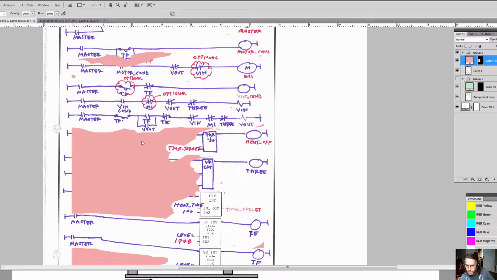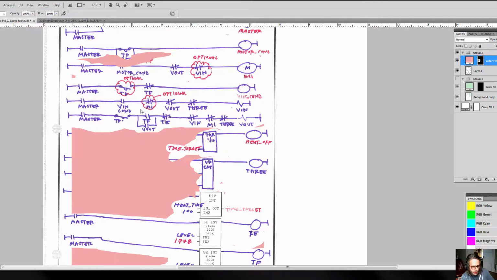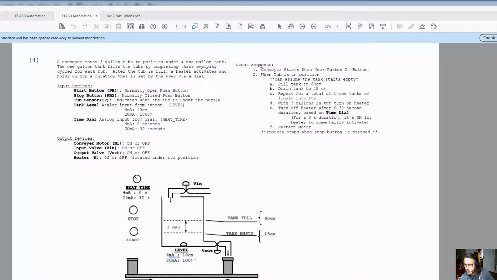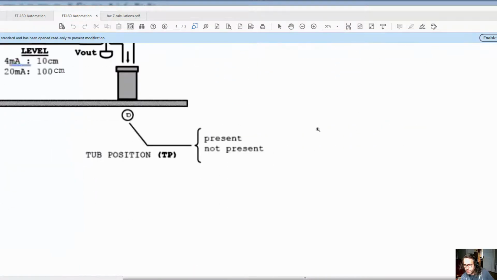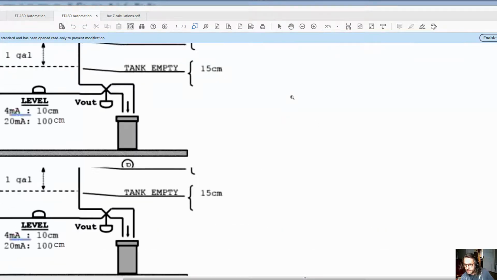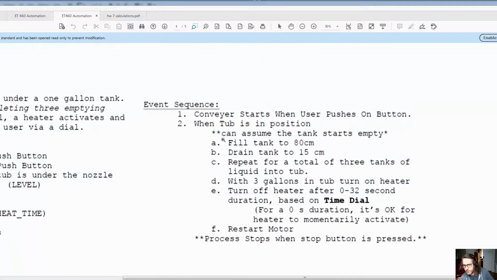Now, if we go and look at the problem statement, you can see that I included this little Easter egg. I lost it. Where's the Easter egg? The Easter egg's right here. You can assume the tank starts empty. So if you can assume the tank starts empty, you've got more options.